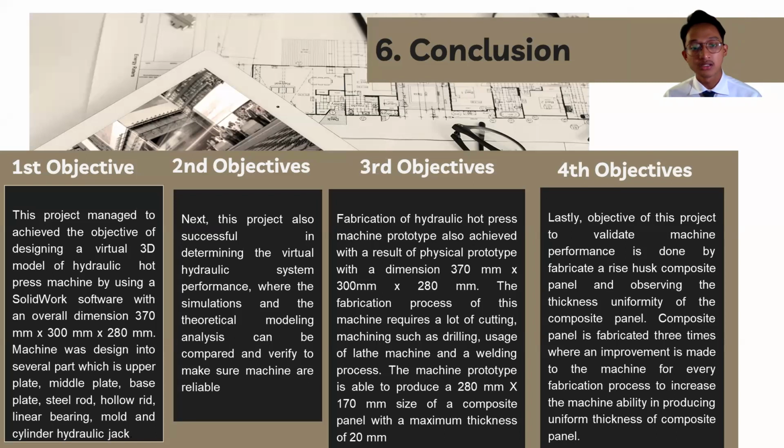The third objective is partially achieved because we are able to develop the prototype of this machine, but unable to install the heating element due to time and financial constraint. And the fourth objective is achieved by the validation of the machine with fabrication of a composite panel.